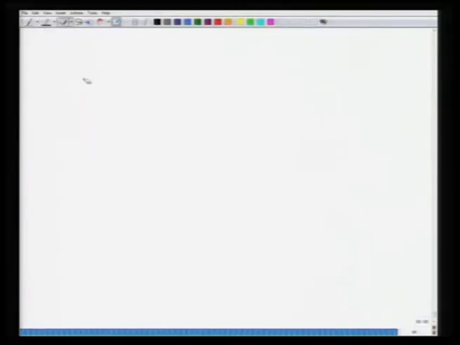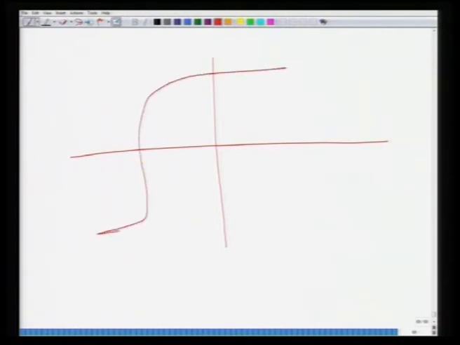So, in the ferromagnetic material, the way domains grow is, so you have a situation. So, this is the ferromagnetic loop, all right, and okay. So, this is the virgin state of the material.